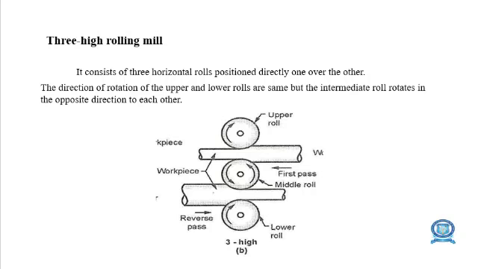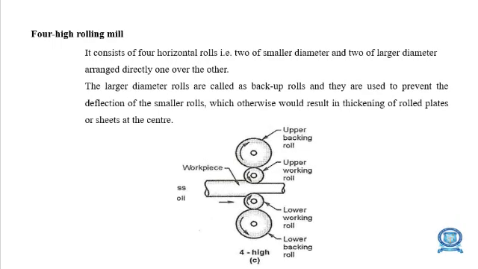Next, 4 high rolling mill. It consists of four horizontal rollers, that means two of smaller diameter and two of larger diameter, arranged one over the other.